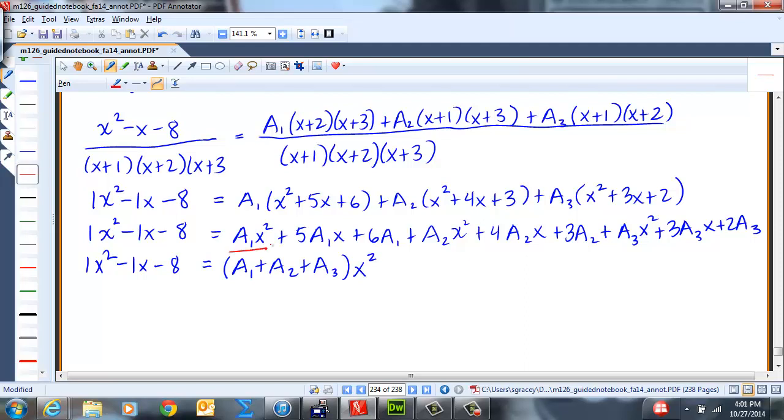So this guy and this guy are this. And then now we've got to put together the coefficients to x. So we have 5a1. So these are the x terms. And we have plus 4a2. And then plus 3a3. Those are all times x.